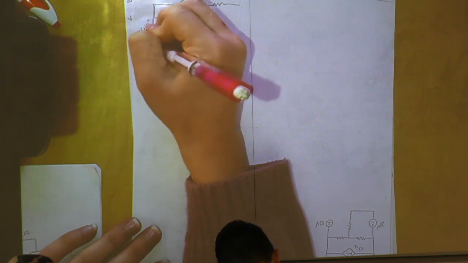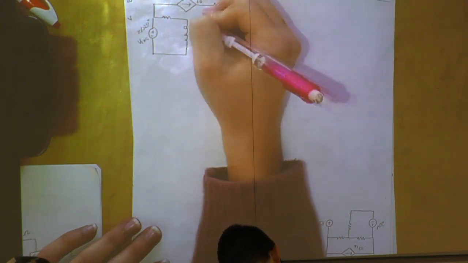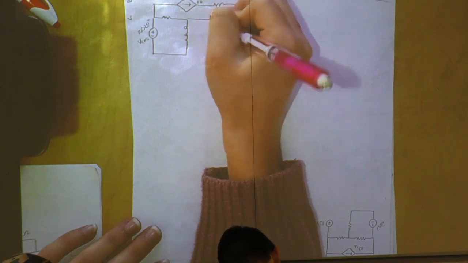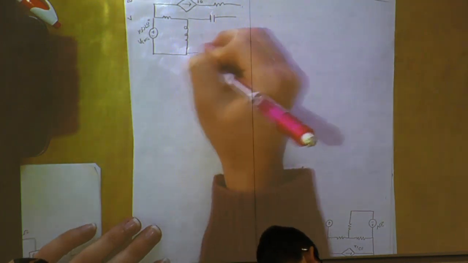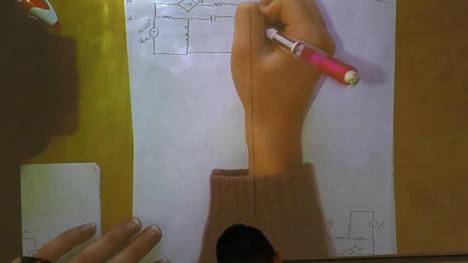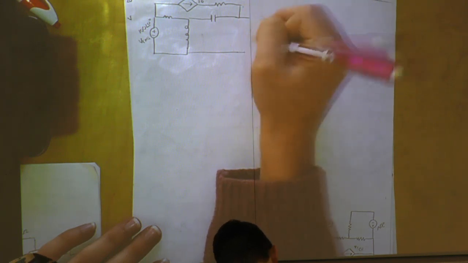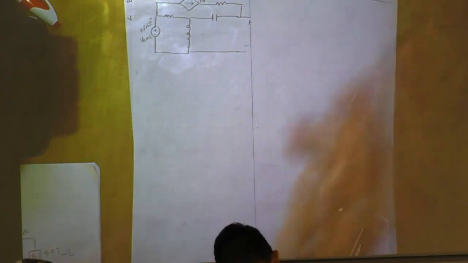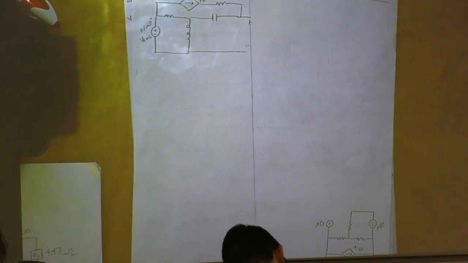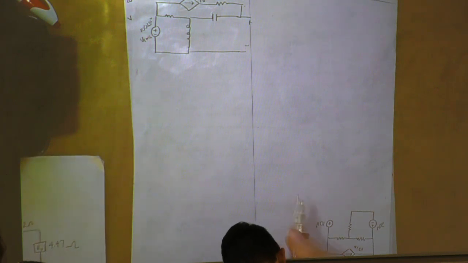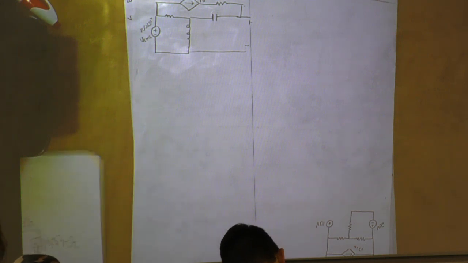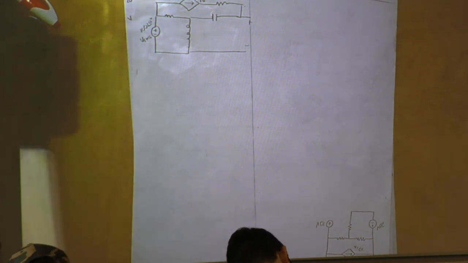This is in V RMS. So to find R_TH, I'm going to use a short with our V_TH.